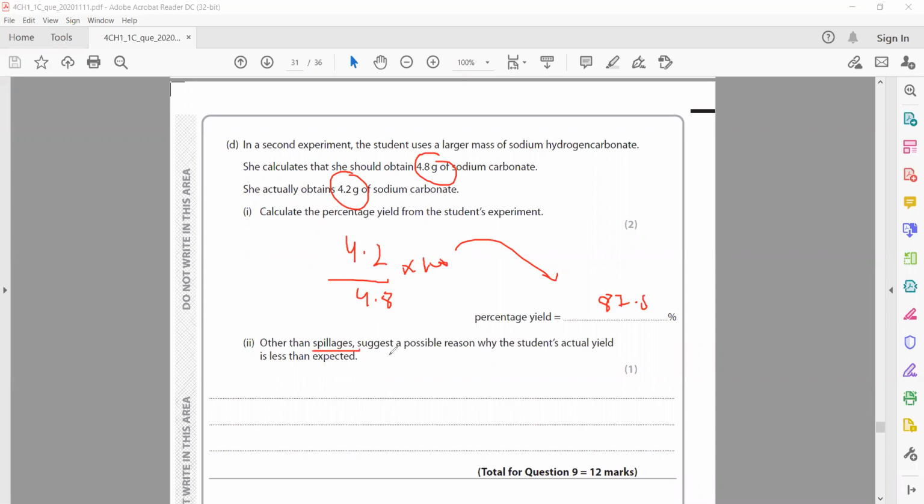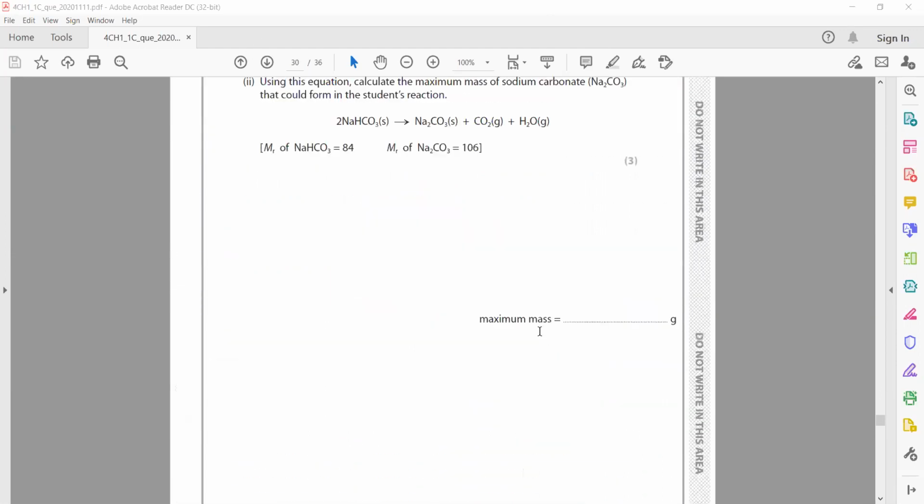Other than spillage, suggest a possible reason why the student's actual yield is less than the expected value. What could be the other reason why she's getting a different answer? The chances are that maybe not all of the sodium hydrogen carbonate reacted, as there is a loss.